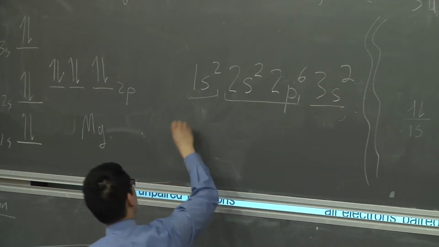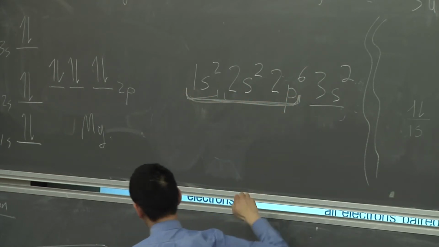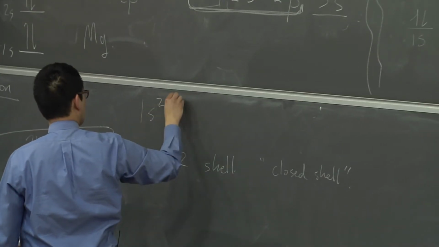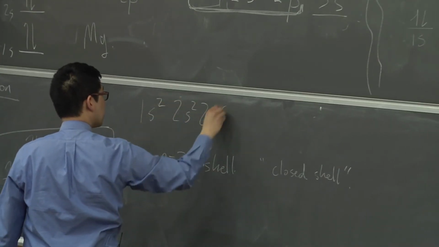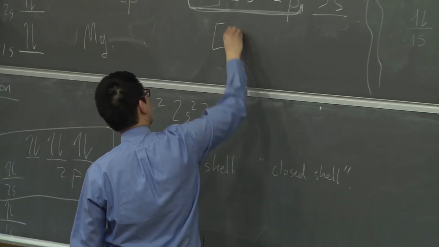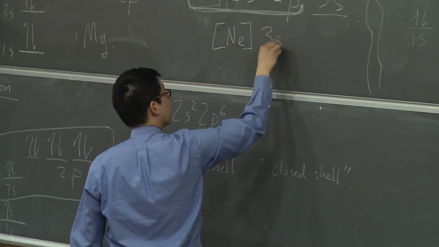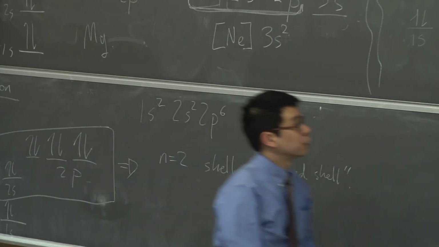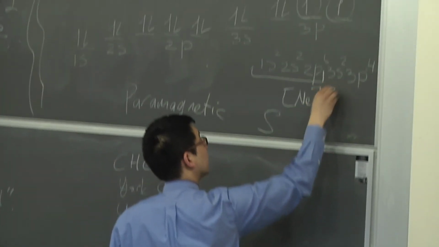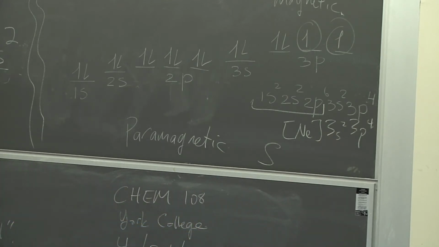So what we can do is say, okay, all of this is identical to this, right, for neon, 1s2, 2s2, 2p6. And so we're going to use the closed shell of neon and then add to it our 3s2. And so for this one, we could add our closed shell of neon and add 3s2, 3p4. So that's going to be your kind of abbreviated electron configuration.